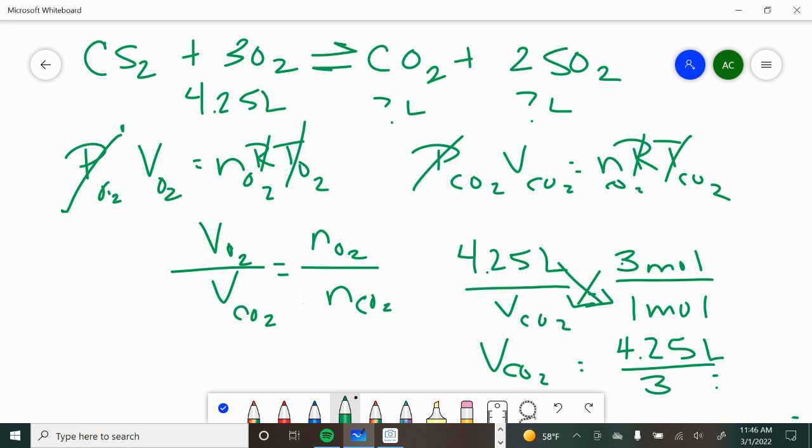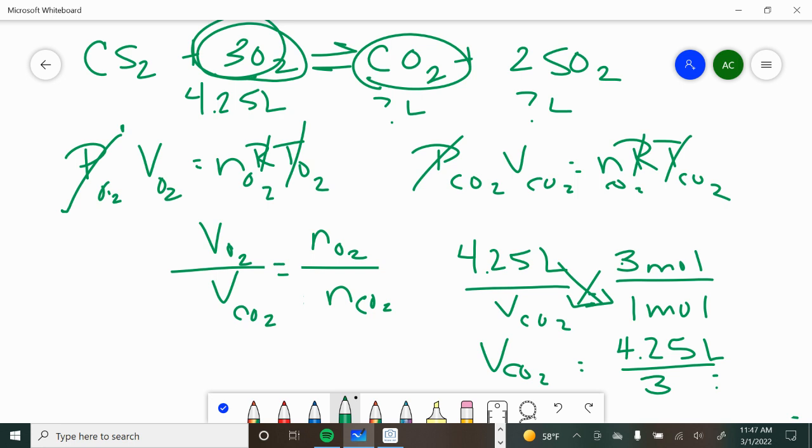So we can't just convert liters to moles using STP because we're not at STP, which is why I decided to make a proportion. I can use the mole ratio though, because I use 3 times as much O2 as I do CO2. So I can use that mole ratio and relate it to volume.